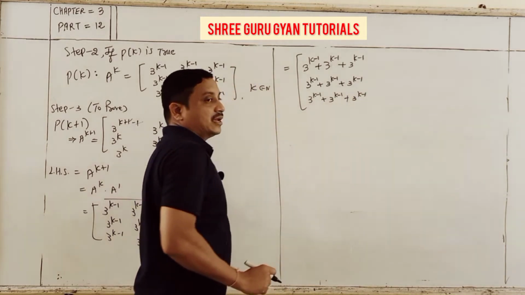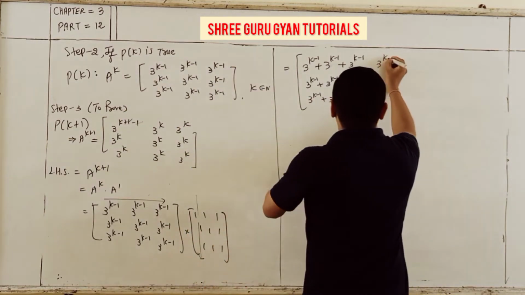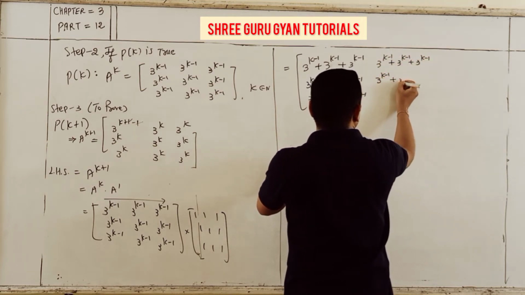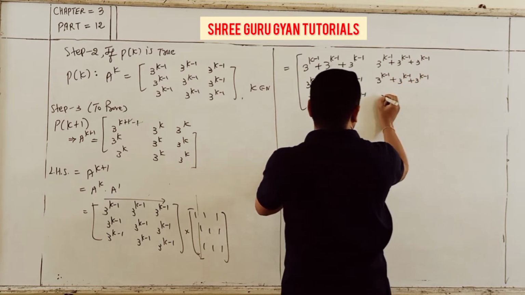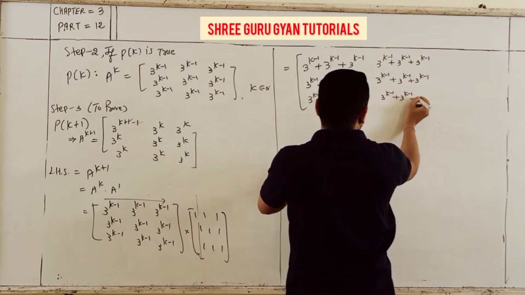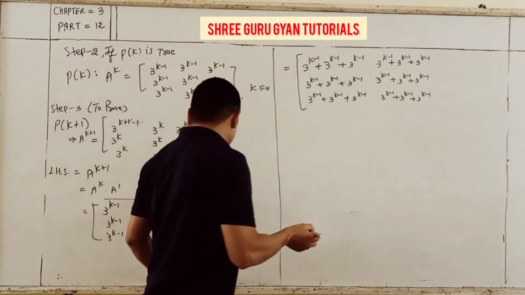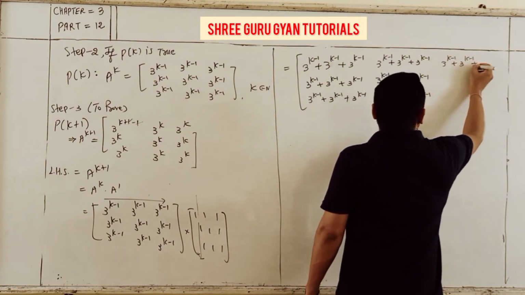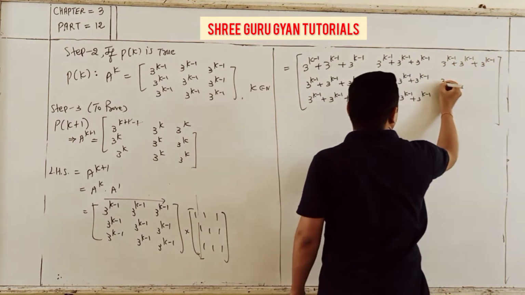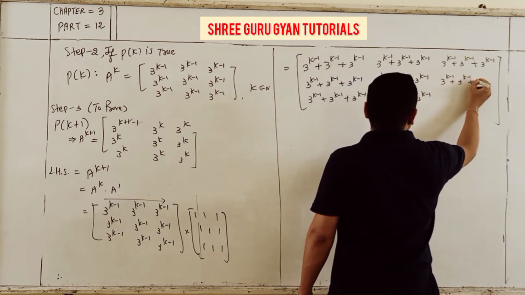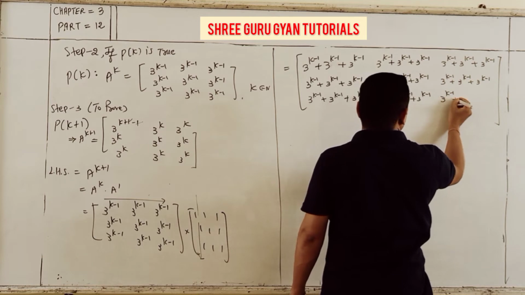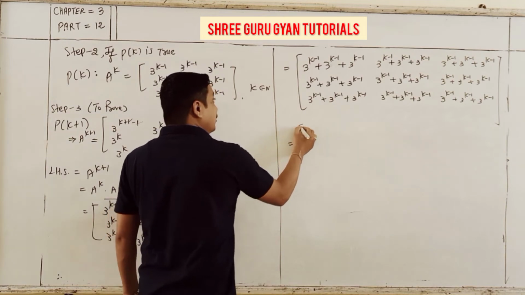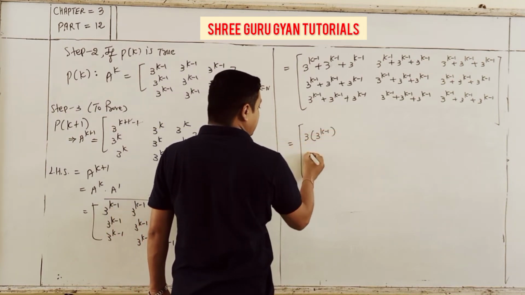Similarly, you write down a total of 9 entries, because all are the same case, 3 raised to k minus 1. Similarly we go ahead, 3 raised to k minus 1, and the last column also the same, because all are 1. Definitely they will cover 3 times 3 raised to k minus 1.